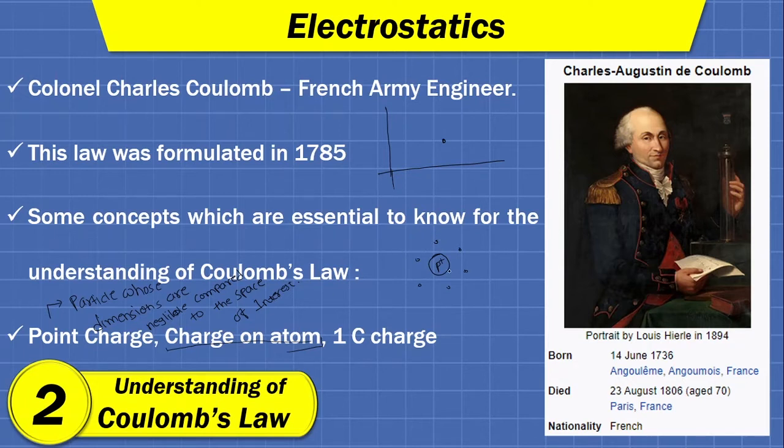But if an atom gains some electrons by any means, then it can get negatively charged. Say, for example, this atom interacts with a neighboring atom and acquires one electron from it, then it will have an excess of electrons, hence we can say that this atom is negatively charged.